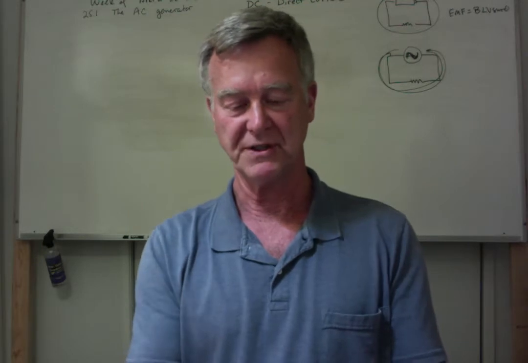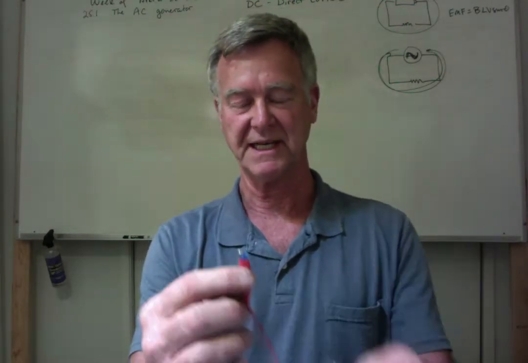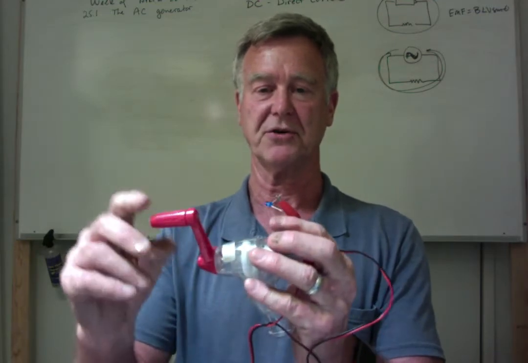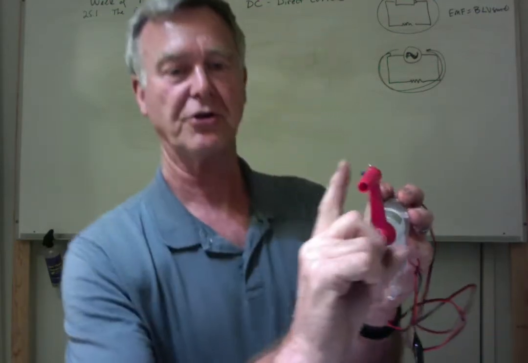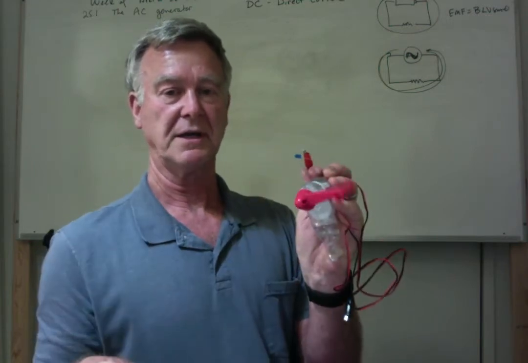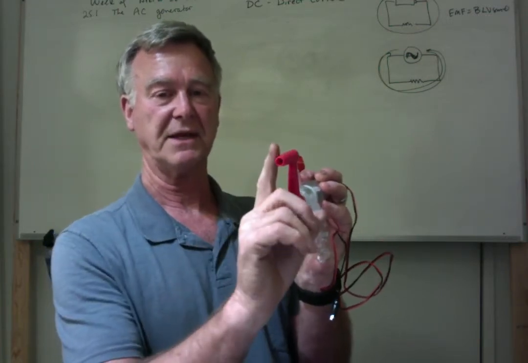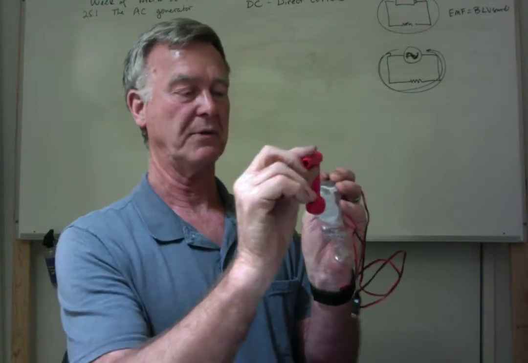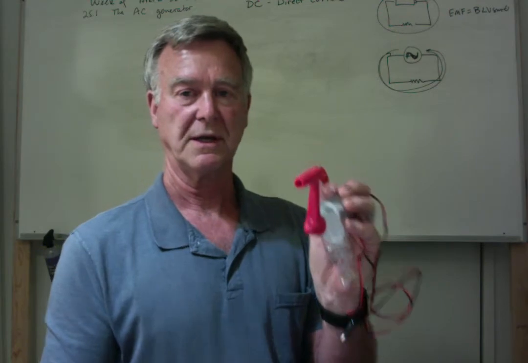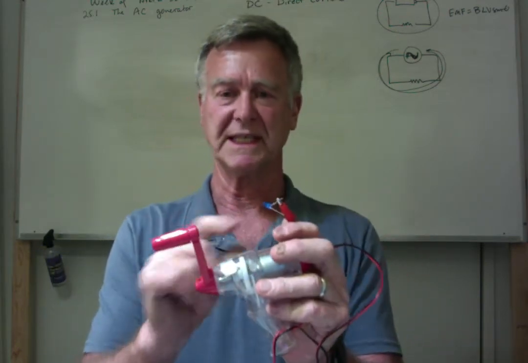Now, let me show you something that's kind of interesting. I'm going to disconnect this. So at this point, if I spin this, it's not going to turn. But watch this. I'm going to turn this, and I'm going to try and give it the same push. And that went around, I think, 1.5 times. That goes around 2 times. In other words, there's a little resistance inside of here.